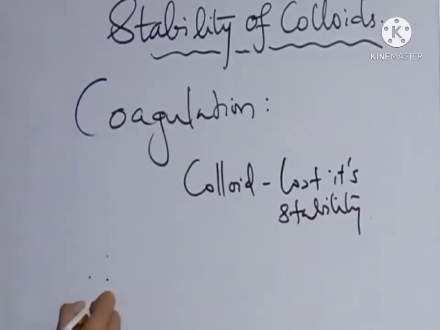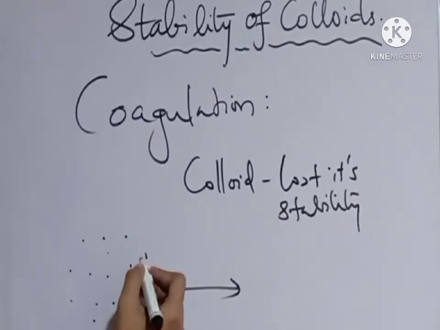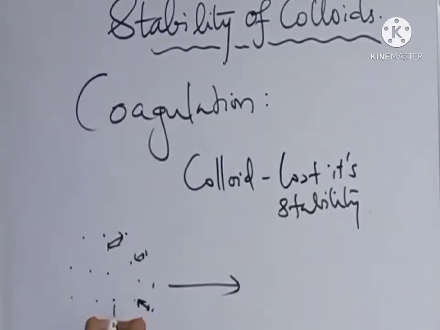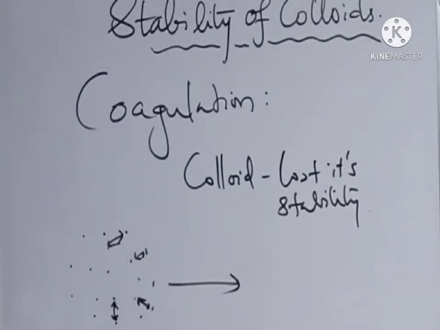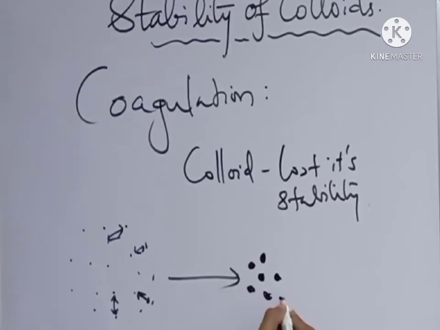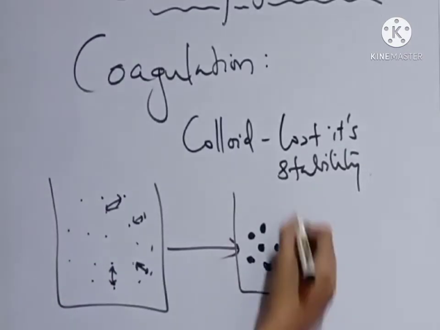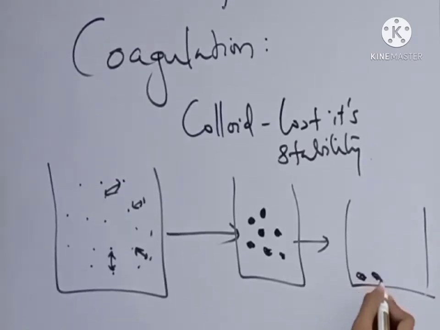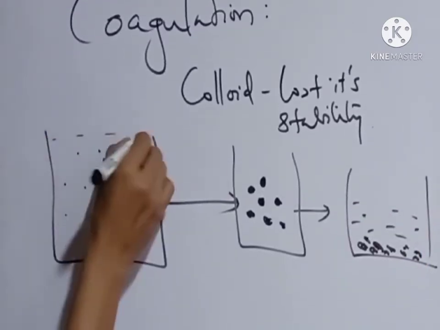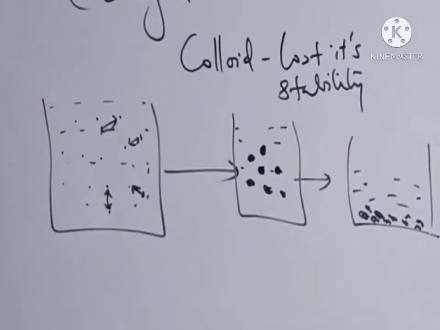So coagulation means in certain cases the colloidal particles aggregate together and settle down. And the process is known as coagulation.